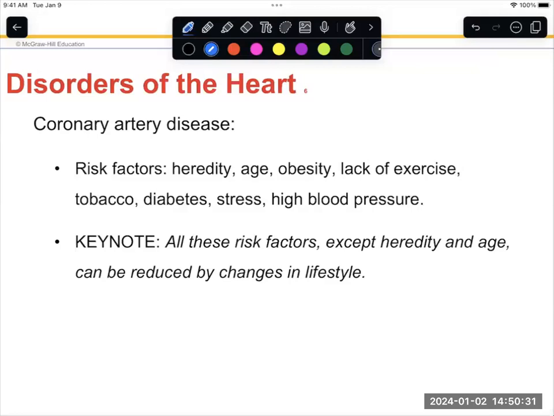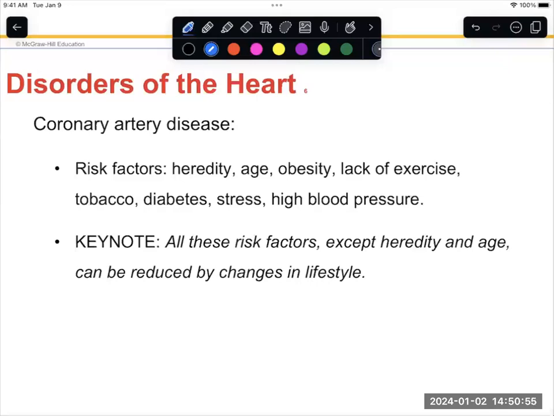And elevated serum cholesterol. Higher levels of cholesterol increase your risk of coronary artery disease. These are all risk factors except heredity and age. Most of these can be reduced by lifestyle changes. The problem is a lot of people get stuck in their ways and don't like to change up their lifestyle.